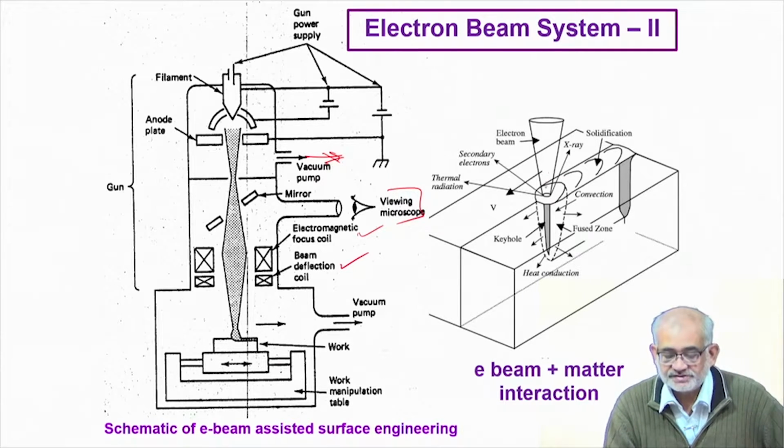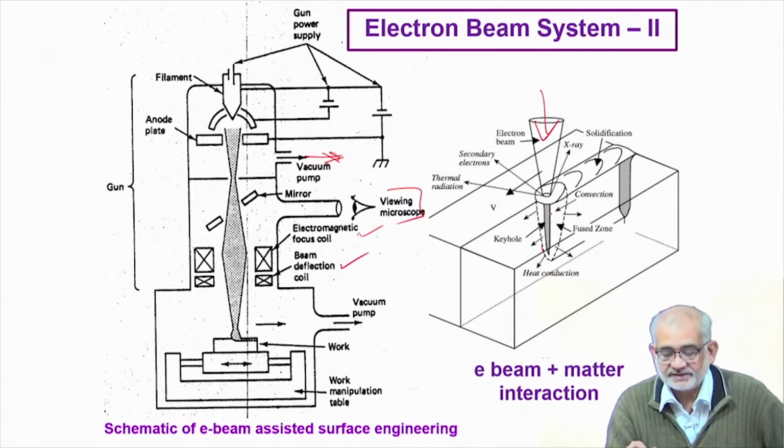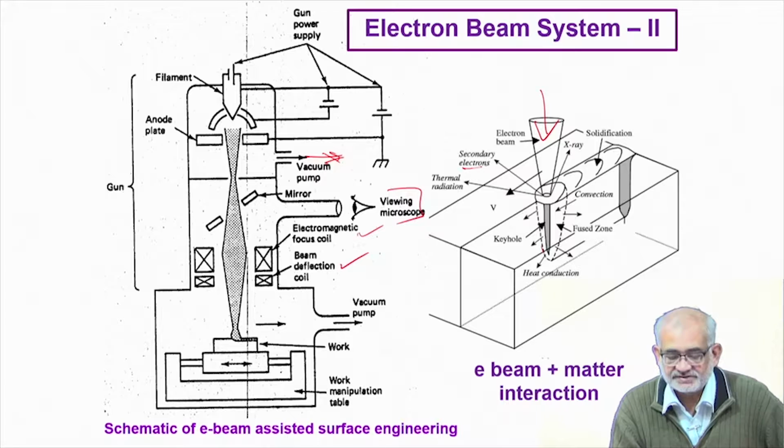It is also important to recall that when the incoming electron beam interacts with the solid, it creates a heat affected zone or hot zone below. And because of this high stream of charged particles carrying very high kinetic energy, when they are incident onto the surface and interact with the solid, they can emit secondary electrons.